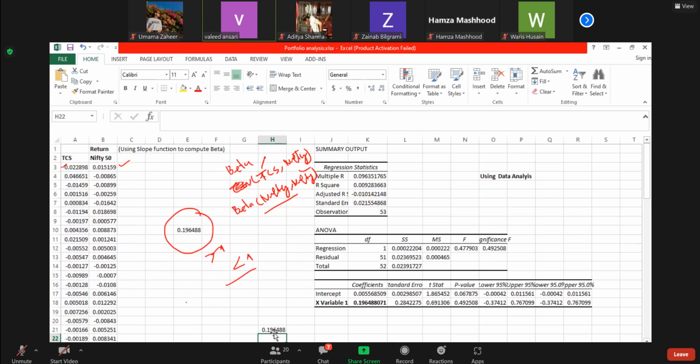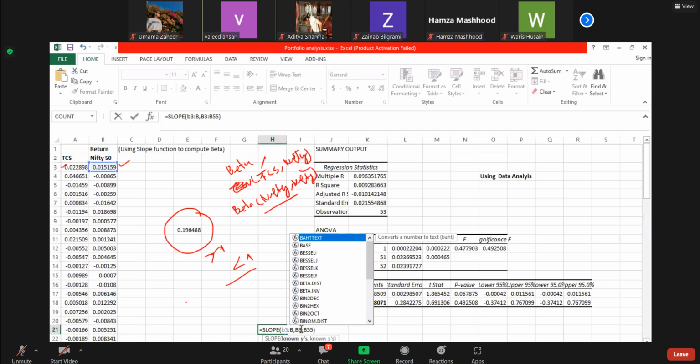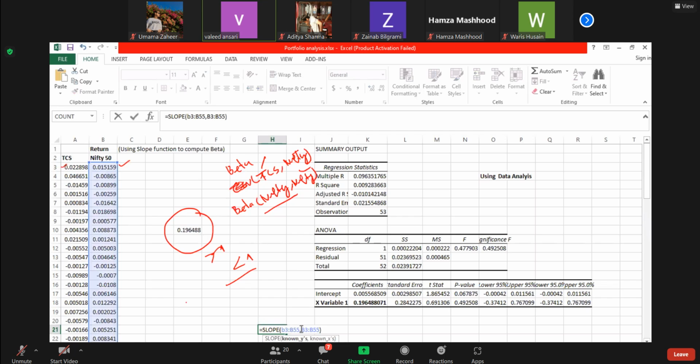I think there is a mistake actually. I'm sorry, I made a mistake because I am again using the same one, dependent and dependent. Now I will have to change it with B because both variables are the same. B3 and B55, because it is the market.